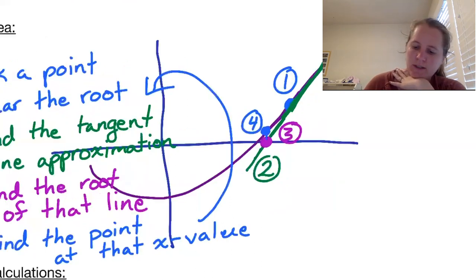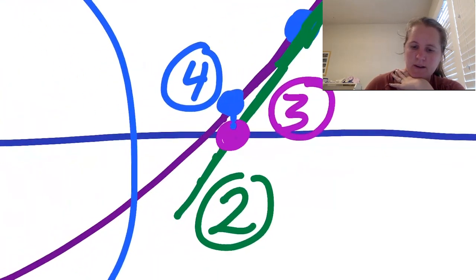If I zoomed in, I could do our tangent line approximation at this value. That gives me a new point.